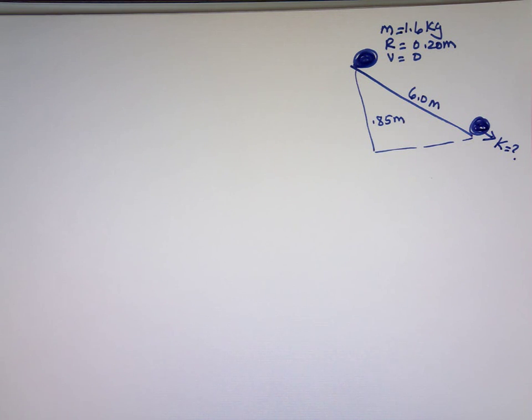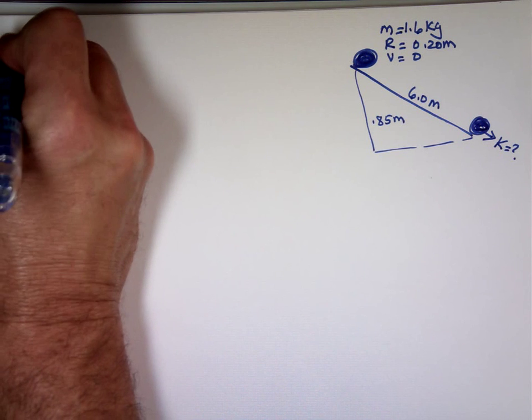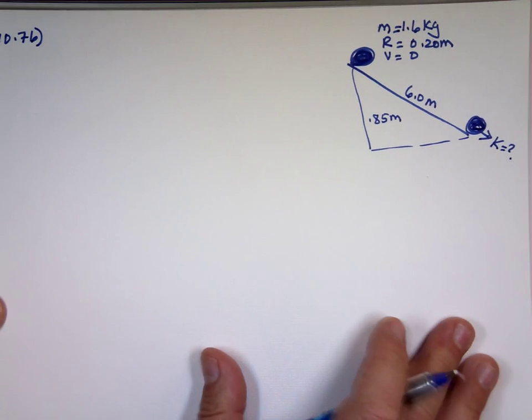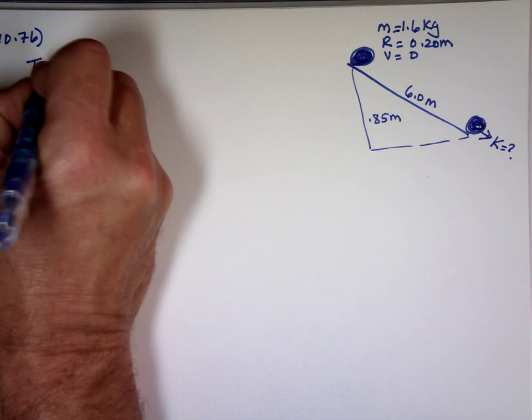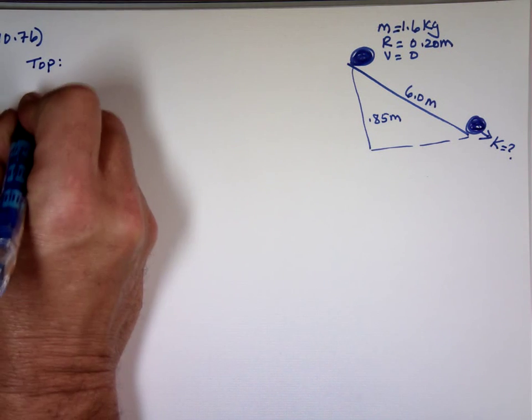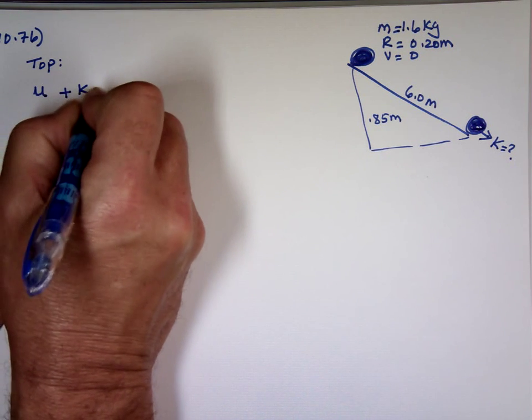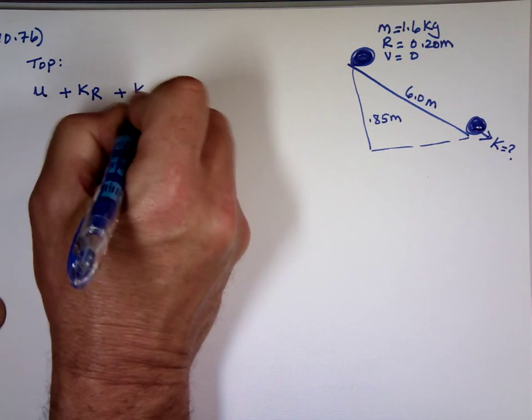Let's look at the top. We have potential energy, kinetic energy due to rotation, and kinetic energy due to translation. This is the total energy.